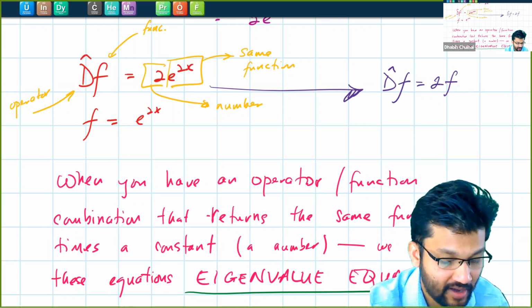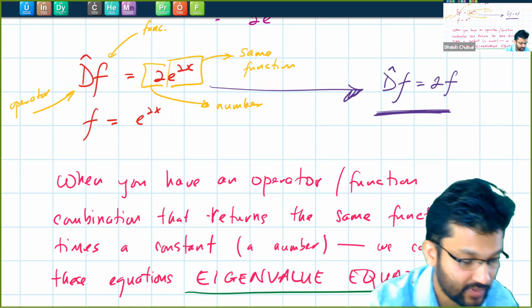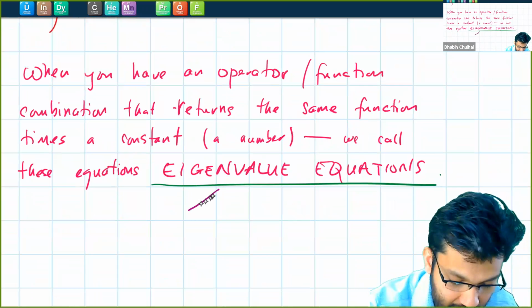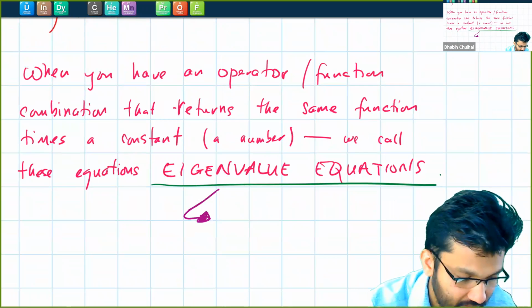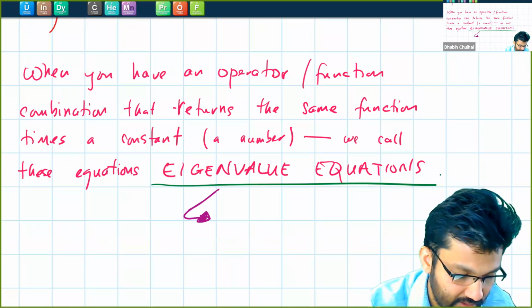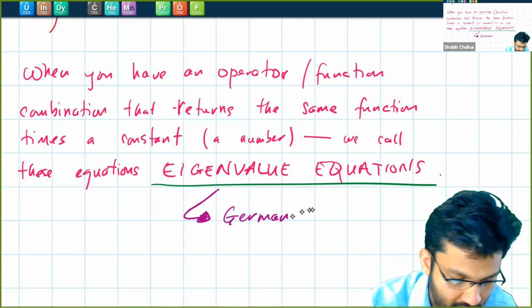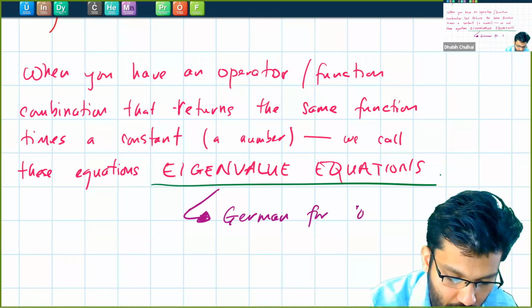We're only going to talk about situations where this is what happens, because that's what is important. And in case you're wondering, eigenvalue here is German. I think it's German. German for own or specific.